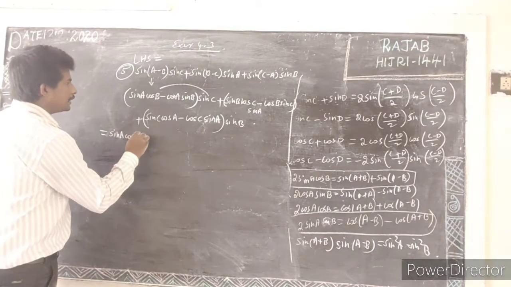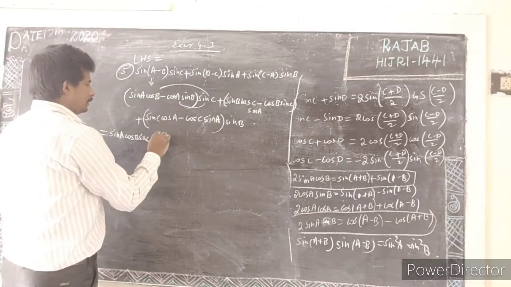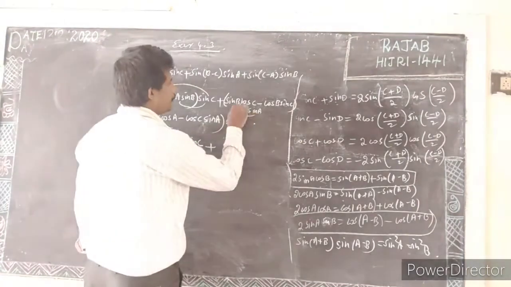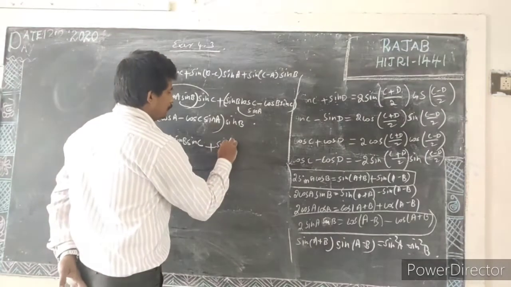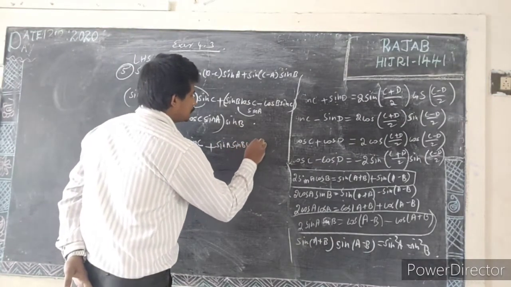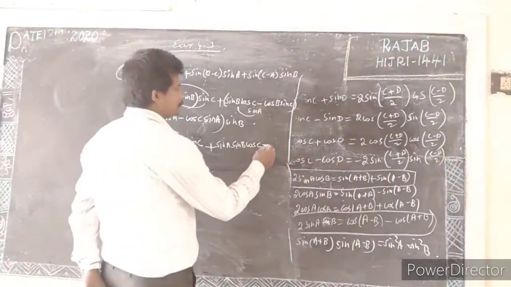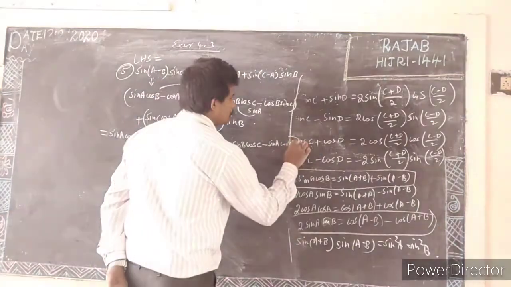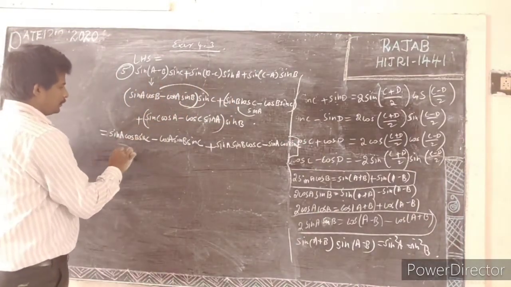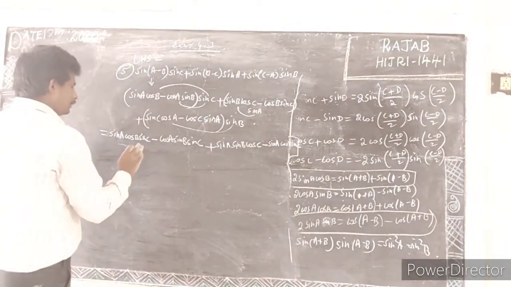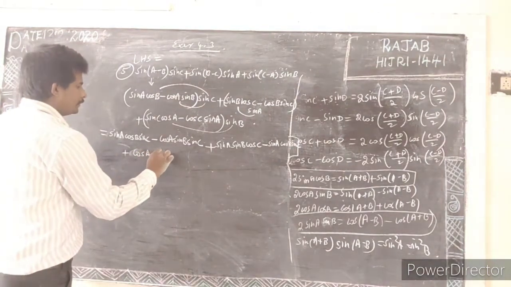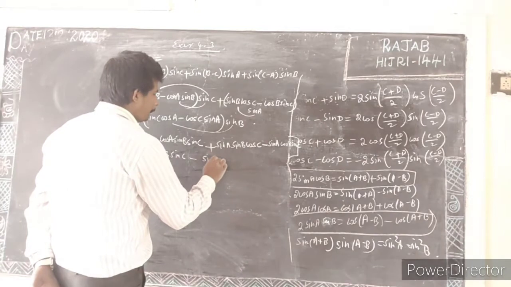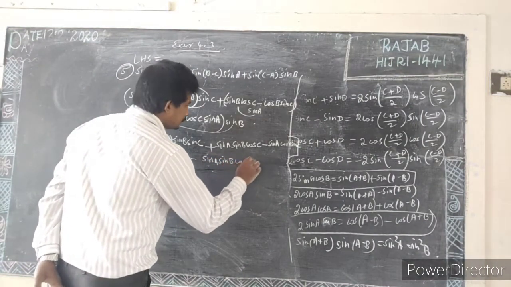Sin A cos B sin C minus cos A sin B sin C, plus, now I am going to multiply these two, sin A sin B cos C minus sin A cos B sin C, plus cos A sin B sin C, minus sin A sin B cos C.